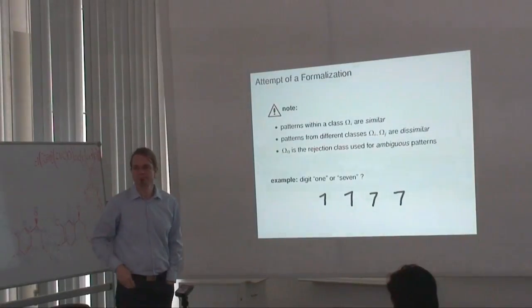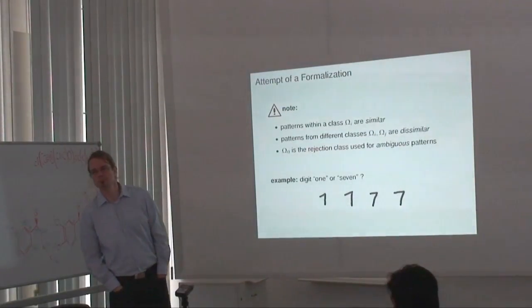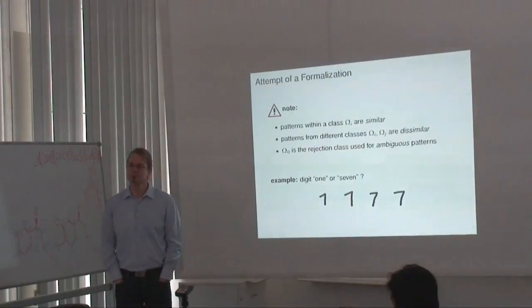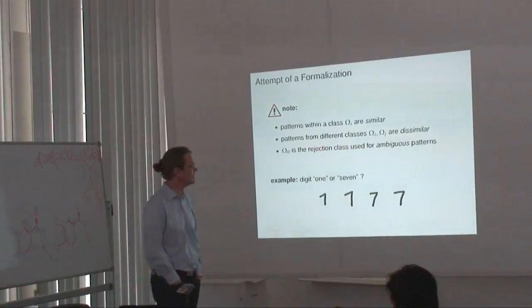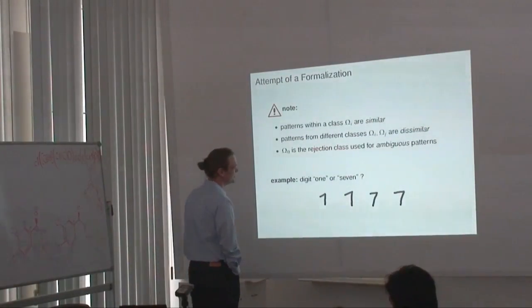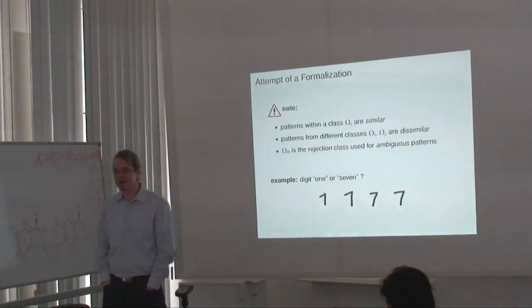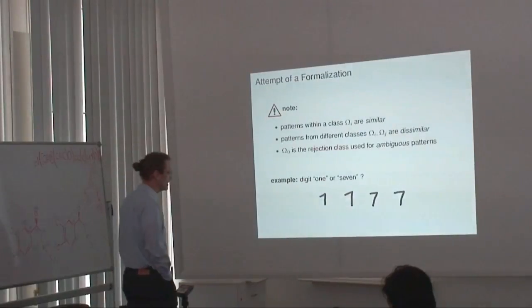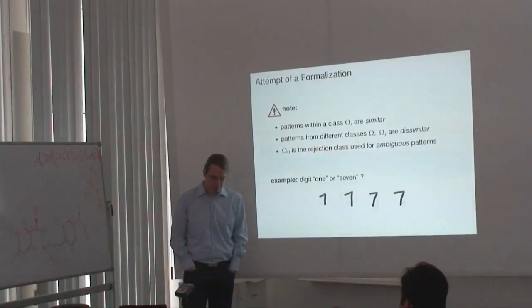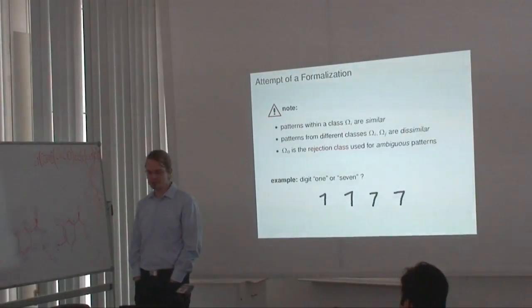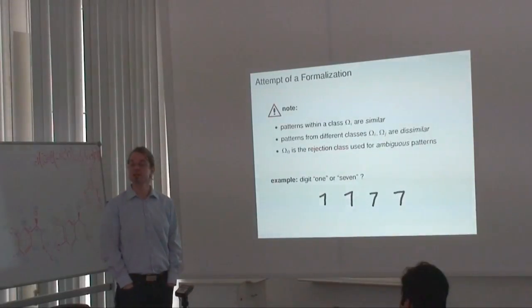Yeah. How would you train for the rejection class? We are not there yet. He's already asking about how would we do this automatically? Short answer to that question, just because you asked it, is we don't do that.